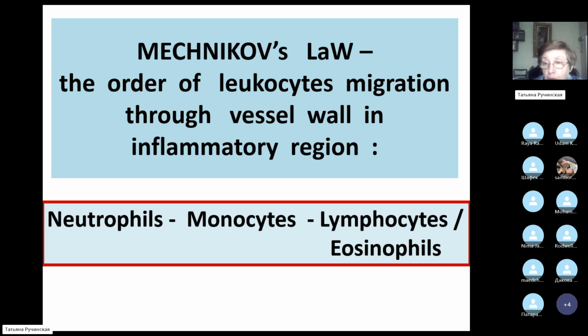This is the order of leukocytes which migrate through the vessel wall into the region of inflammation. And this law is: neutrophils first, monocytes, and the last will be lymphocytes or eosinophils. It depends on the cause of inflammation.